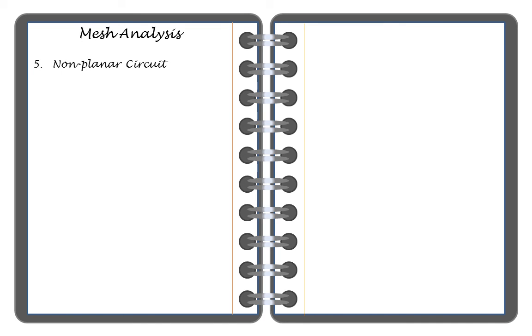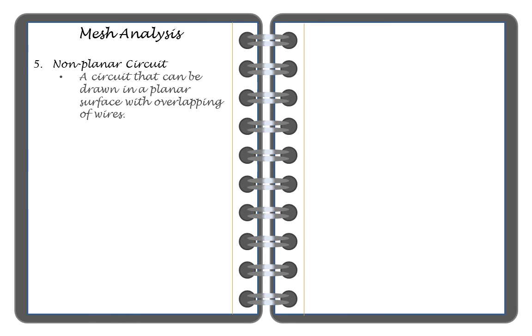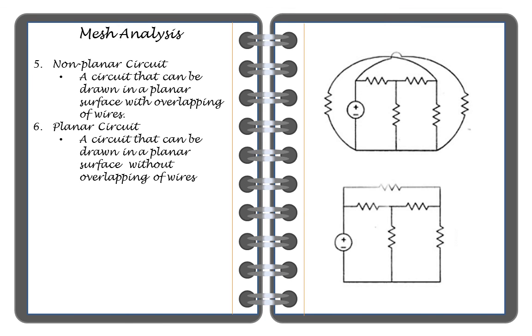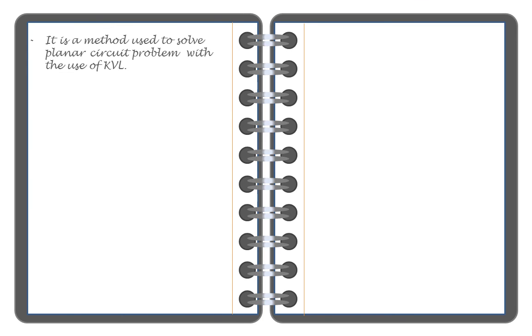Now another thing to know is the so-called planar or non-planar circuit. A planar circuit is a circuit that can be drawn on a planar surface without overlapping of wire. Now what is a planar surface? As we all know, a planar surface is a plane surface. So accordingly, mesh analysis is a method used to solve planar circuit problems with the use of KVL, or Kirchhoff's voltage law.